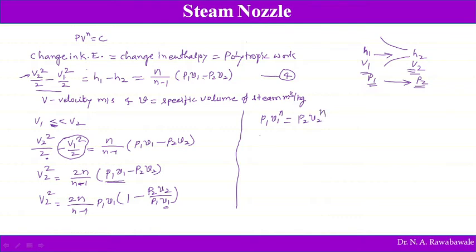This can be written as P1 divided by P2 is equal to V2 divided by V1 to the power of n, just transferring V1 to the power of n to the right hand side and P2 to the left hand side. So this can be written as P1 divided by P2 to the power of 1 over n is equal to V2 divided by V1.